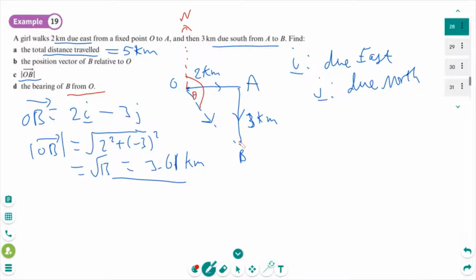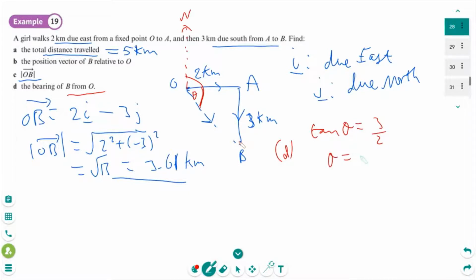So to answer part D, you need to calculate this angle. You just use trigonometry. Tan theta equals 3/2. Inverse tan gives you 56.3.